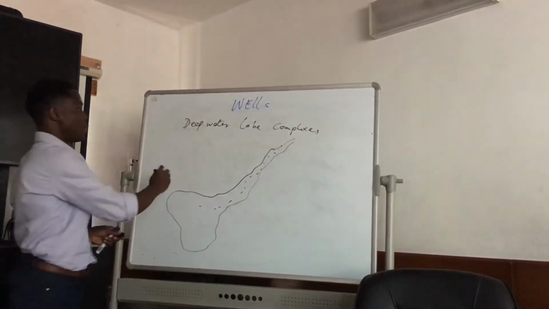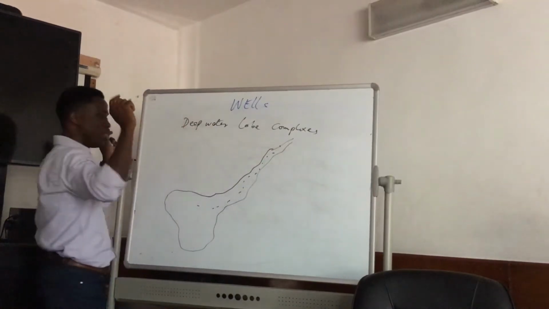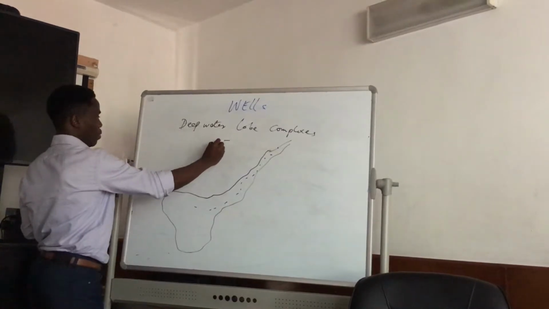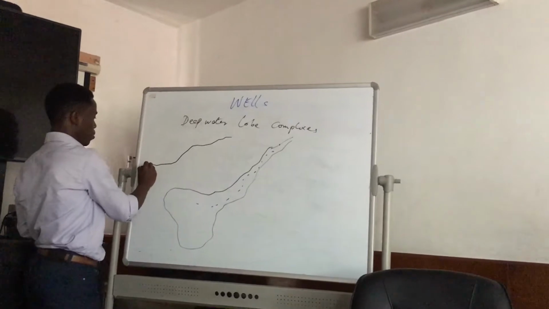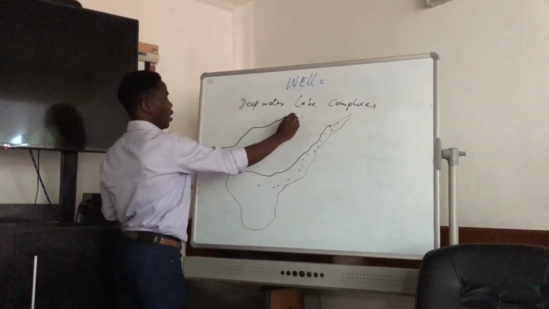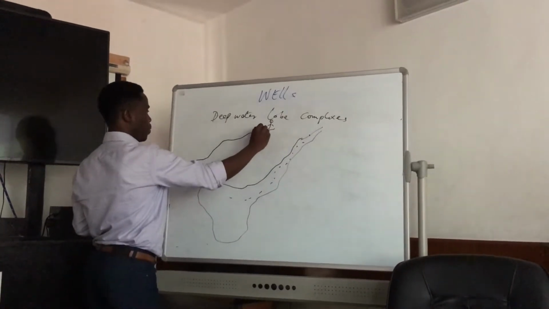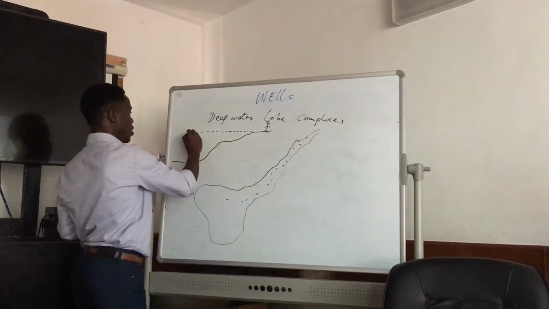Yeah. By the way, if you relate this back to the profile I drew earlier on, where I drew the shelf, and then you have the slope, then you have more like the basin, right? And then this is your beach environment up there. You remember? Yeah. And then this is your sea level.